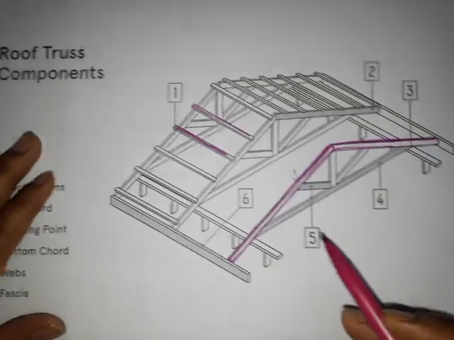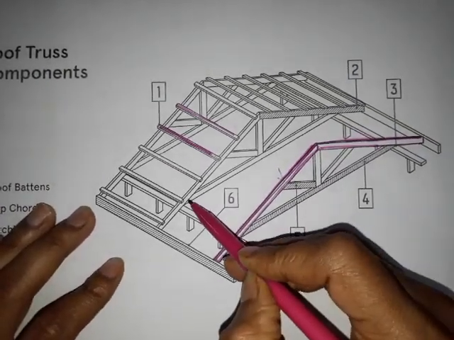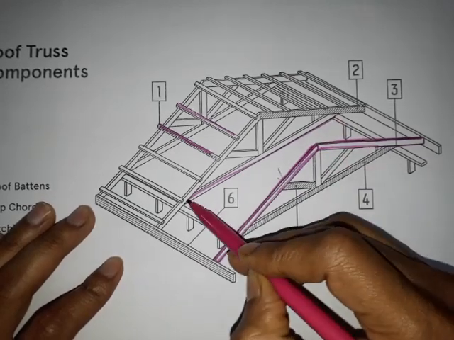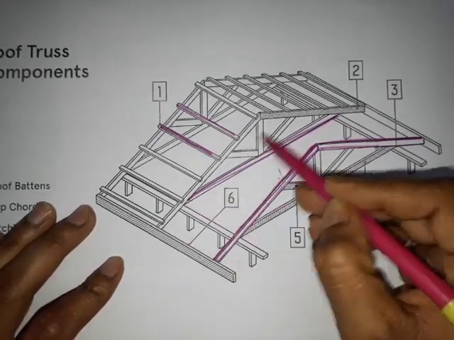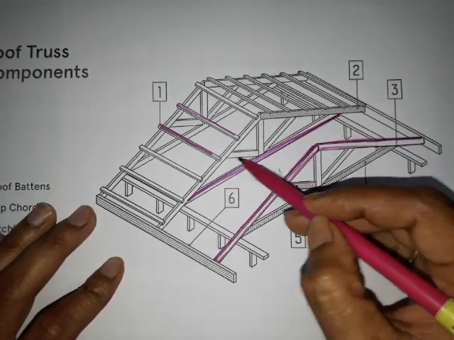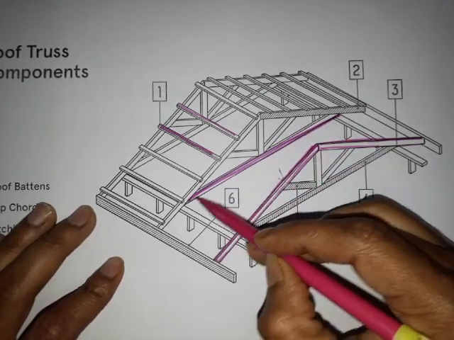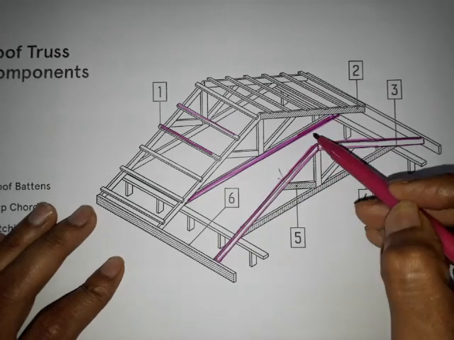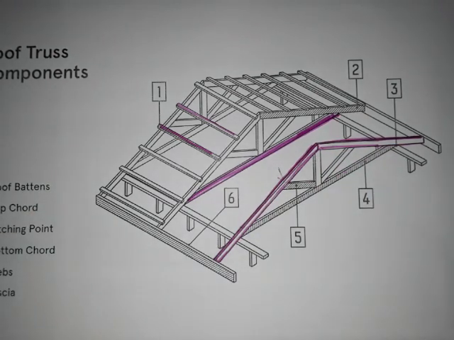Now what I can see, this is our main tie, connecting the top chords. Whatever load transfers has to be carried by this tie. That's why it is also called a tension member in a roof truss.